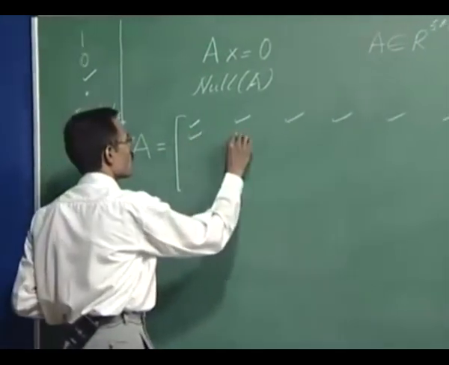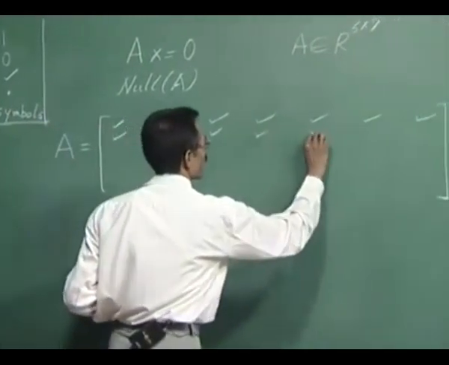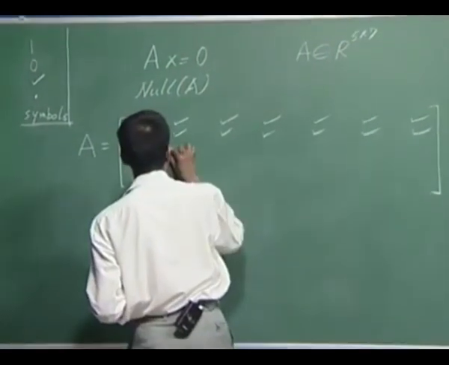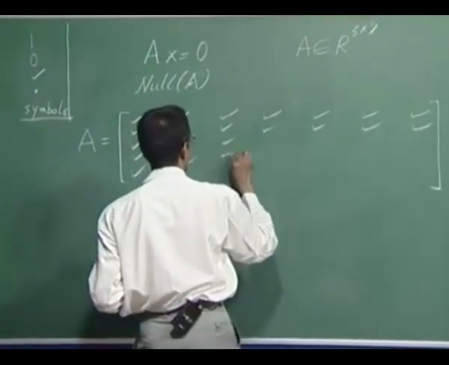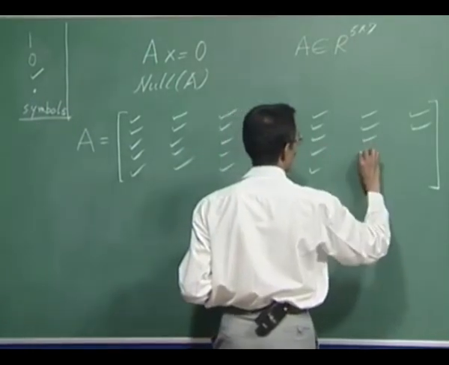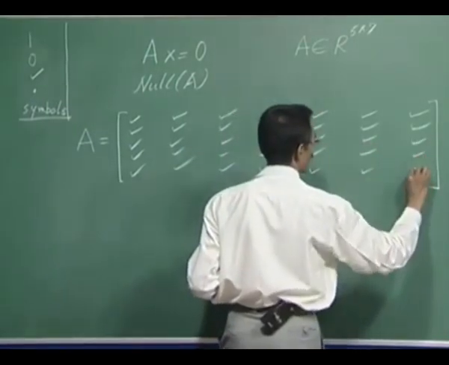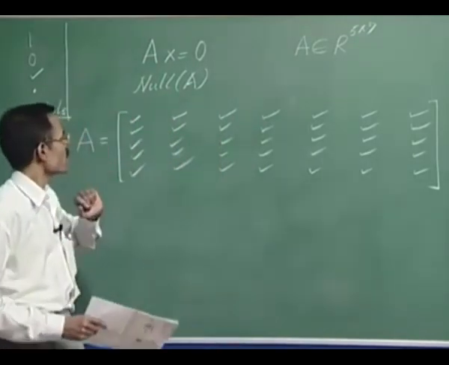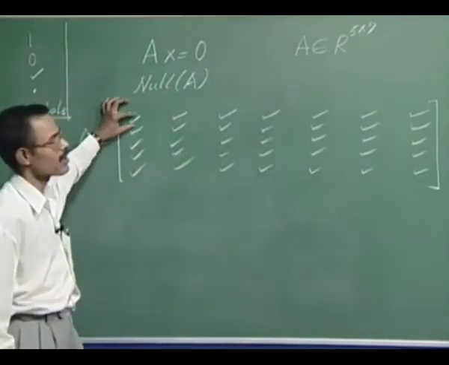So, first we have a 5 by 7 matrix with all tick marks. Our first step to simplify this matrix is to find a 1 here.